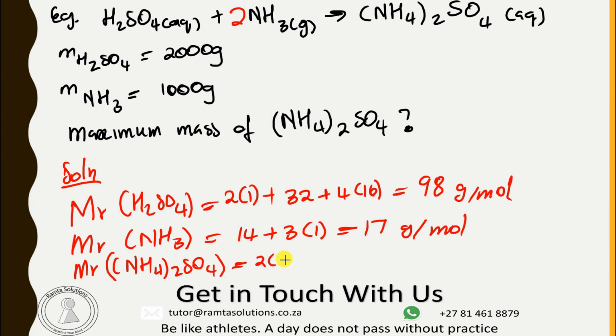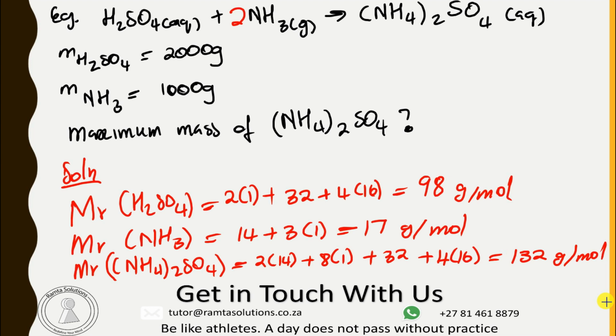It's 2 times 14 plus 8 times 1 plus 32 plus 4 times 16. 28 plus 8 plus 32 plus 4 into 16. This is 132 grams per mole, right?